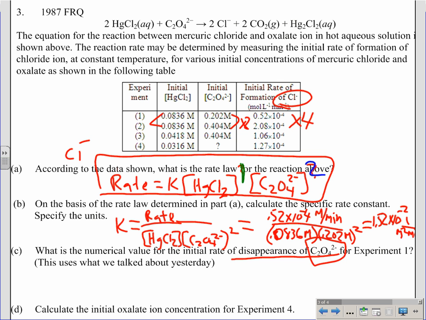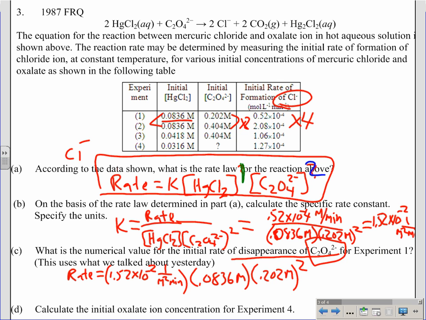Now since I used a first order, second order situation here, if I plug in experiment 1, because that's what it asks about, I'm going to calculate a rate. In this particular case, rate is the rate constant, which was 1.52 times 10 to the negative second, 1 over molarity squared minutes, times the concentration of HgCl2, that would be 0.0836 molarity, times the concentration of my other substance, which is 0.202 molar.